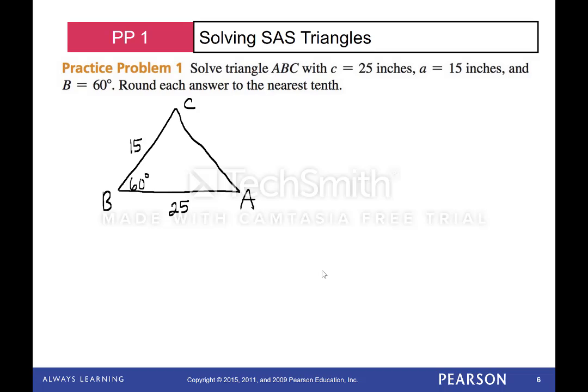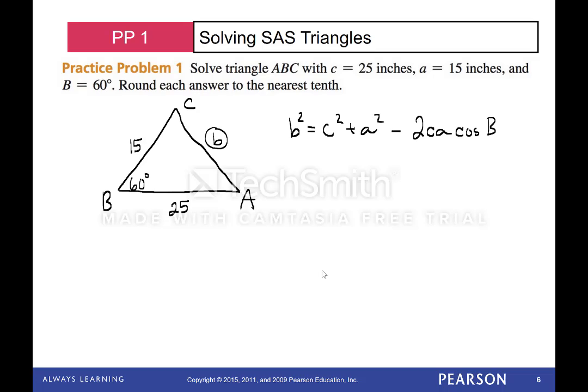So notice I can't use the law of sines. I don't know the corresponding angle measurement and its opposite side, so therefore the law of cosines helps us out in this area. And so I'm going to label this as B, and then the formula that we want to use is this one right here. Since we don't know what the B value is, we're going to plug it into this formula right here.